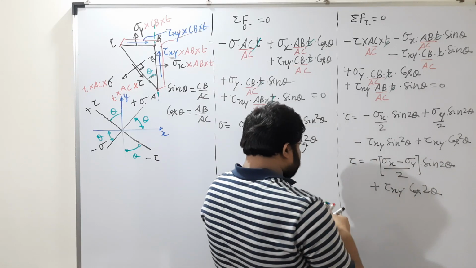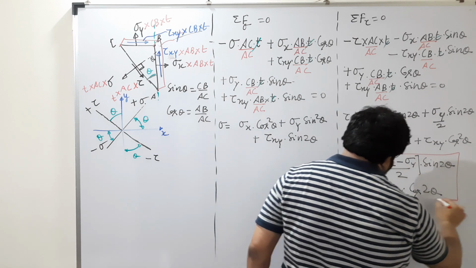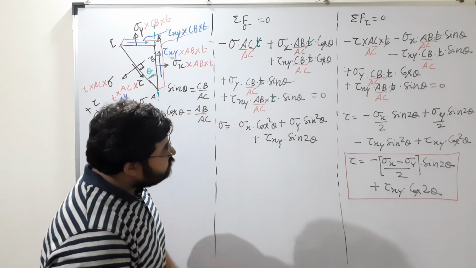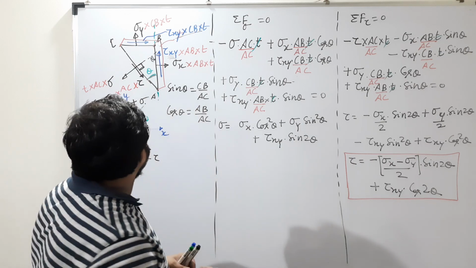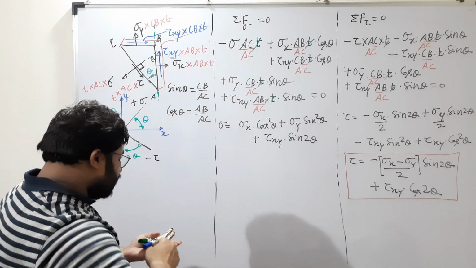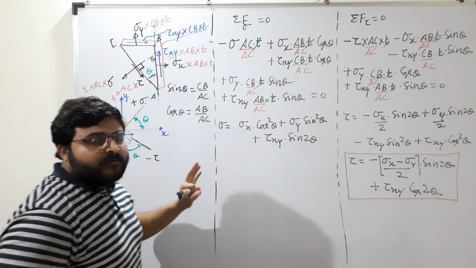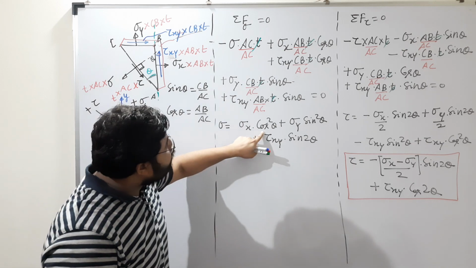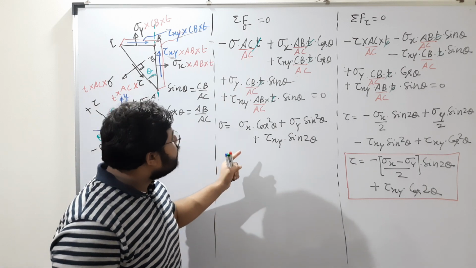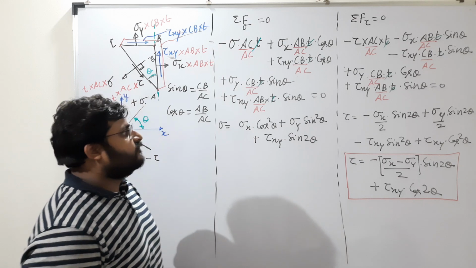So this is the final expression which we are getting for our tau value. Now look at this, for this part we can simplify, but again it will take time for us to write. So remember the formulas which I have told you, cos square theta and sin square theta. You need to put those formulas back here and see what happens to this equation, right?